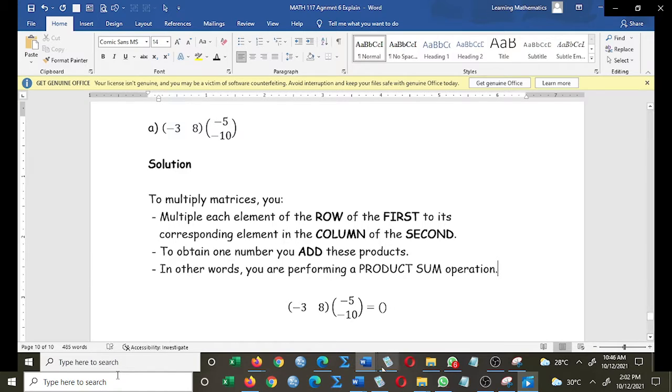Product for multiply and sum for add. You must multiply to get a product, and then you have to add to get a sum, a product sum.